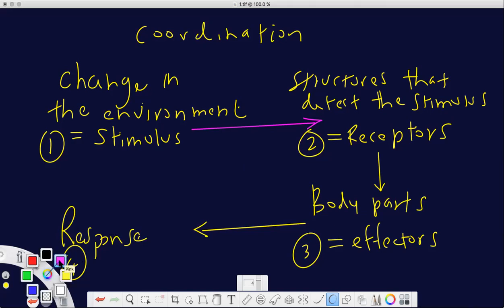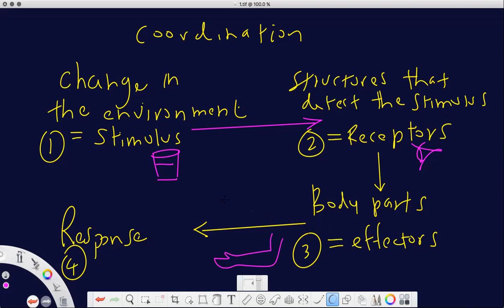Right, we take the previous example. So seeing this glass of water is the stimulus, and this is detected by the eye, and then the hand is the major effector in this case. Then drinking water is a response.